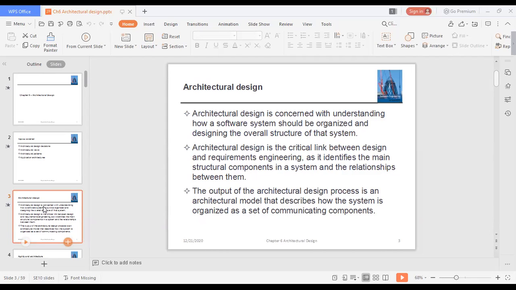The architectural design is the critical link between design and requirements engineering, as it identifies the main structural components in a system and the relationship between them. And definitely we are going to extract this from the requirements provided by the customer. The output of the architectural design process is an architectural model that describes how the system is organized as a set of communicating components.